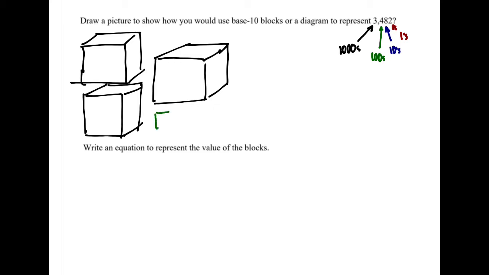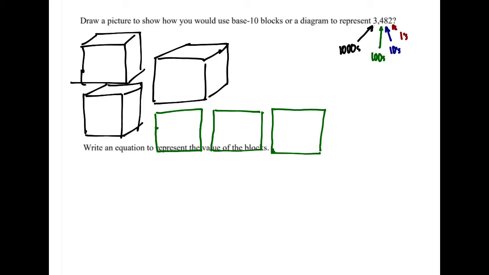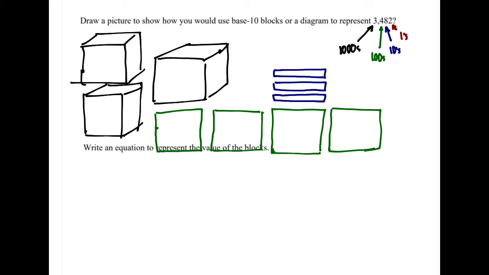Okay. So what's next? The green part, that represents our flats. So we have just a flat. Now it's the same size as the side of the cube. That's why I drew it right next to it below, so I could make certain I had it the right size. And again, like I said, I hope yours are better than mine. So we want, and my program isn't letting me do this. There we go. Okay, so 4 of those. Now we have 8 tens. Now the rods, they can be horizontal, they can be vertical, as long as they are 10 units across.